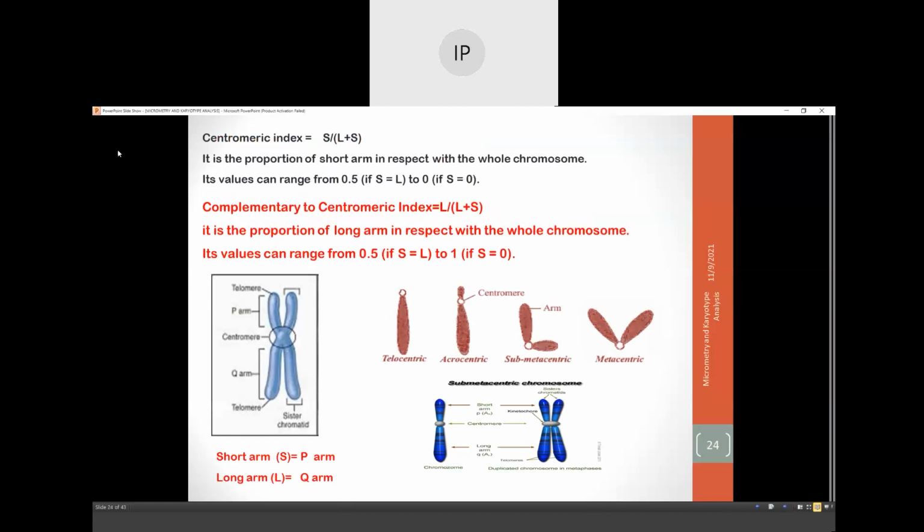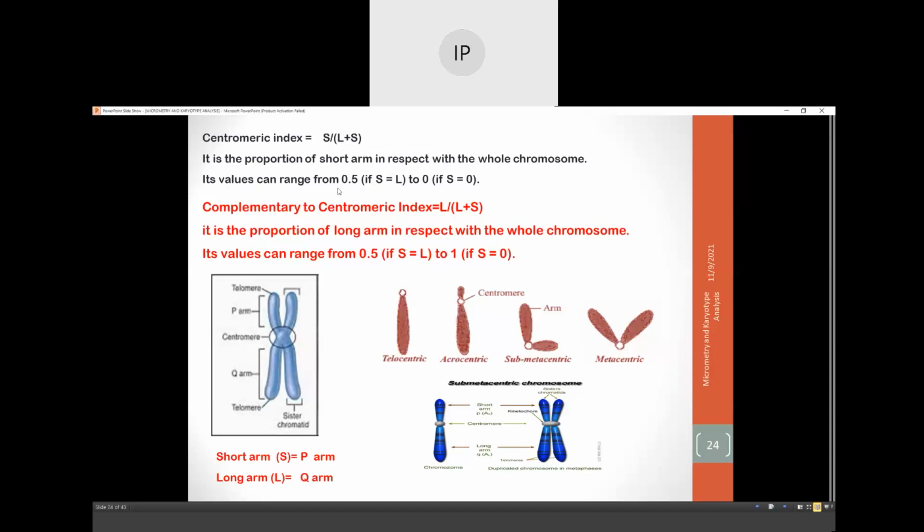Now we can see the chromosomes which are metacentric, submetacentric, acrocentric and telocentric, and in case of submetacentric centromeric position there will be a short arm and there will be a long arm. Short arm is also known as P arm and long arm is known as Q arm. So they are called P and Q. Centromeric index is equal to S divided by L plus S. It is the proportion of short arm in respect with whole chromosome.